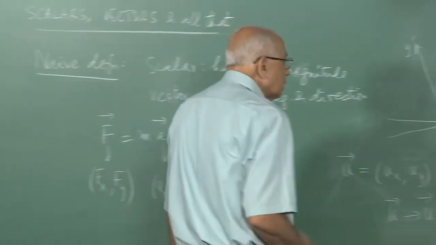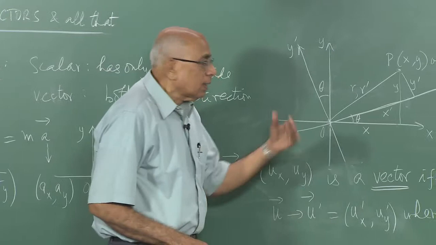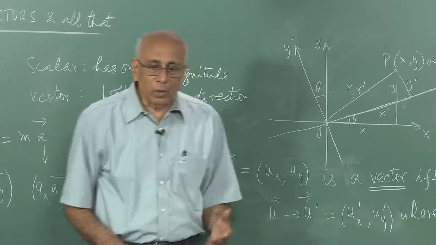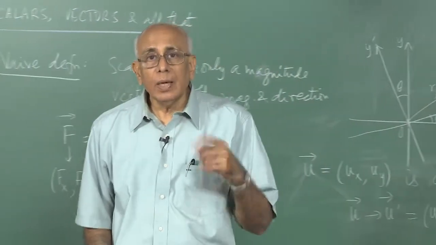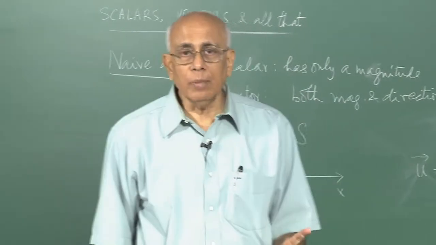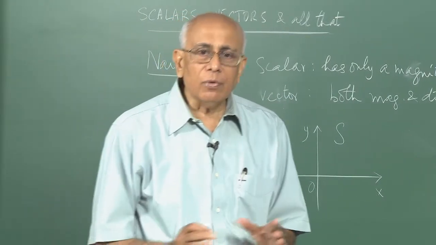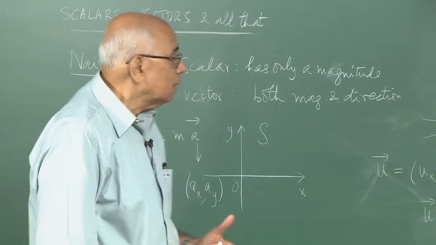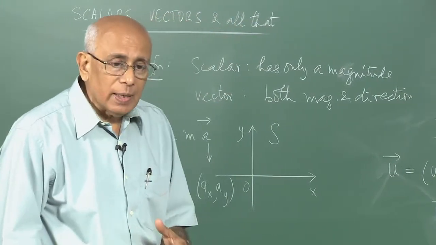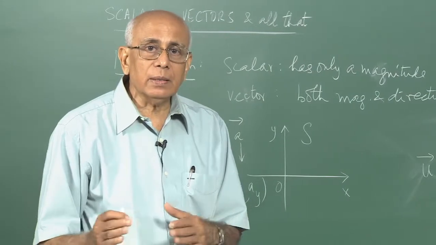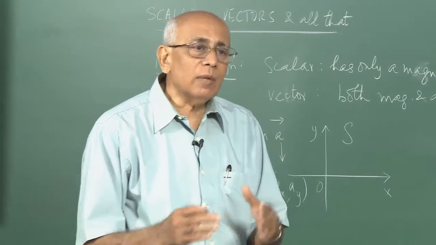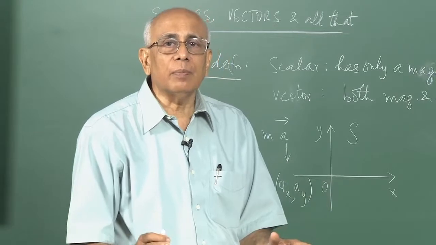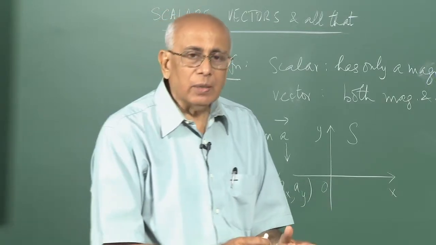So this is the notion of what a vector is, and that is how the transformation law is encoded in the word vector itself. The moment I say something is a vector, I have also told you how its transformation law is going to behave, and that is going to make sure that any law I express in terms of vectors is transformable from one frame to another without a change in form, because I know how each side of the equation transforms.